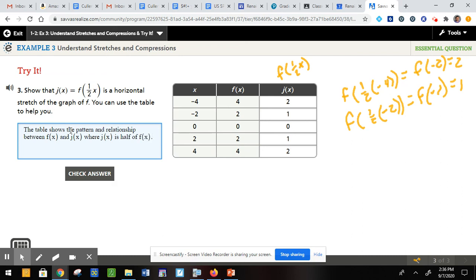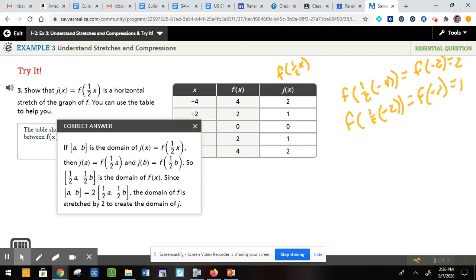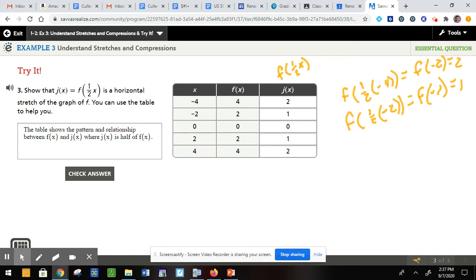Right, so then that pattern is going to be that stretching. That's essentially what that's saying there. You don't need to get as complicated as that, honestly, but just showing that there's a pattern between j of x and f of x. All right, so that was example 3.